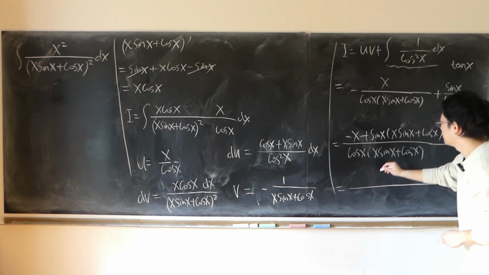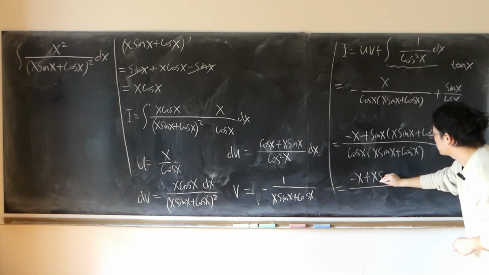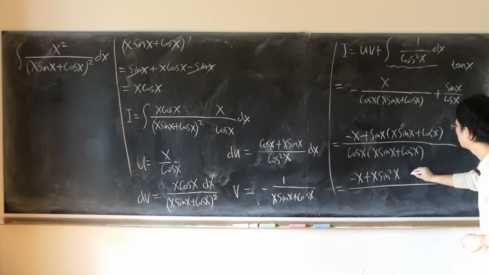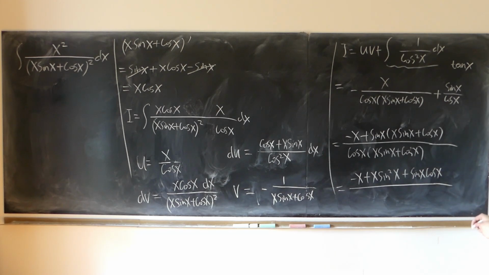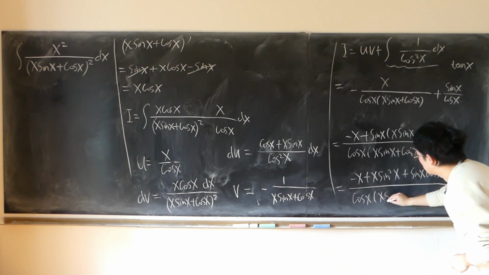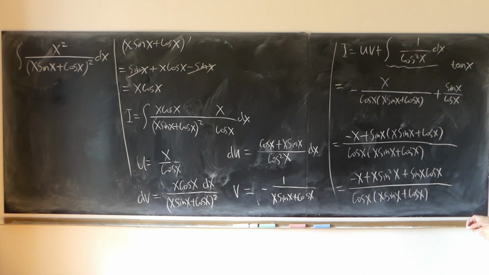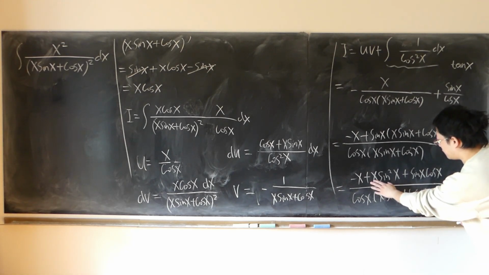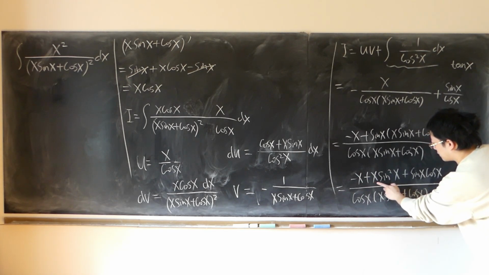So x sine x squared plus sine x cosine x, and cosine x times (x sine x plus cosine x). And what is that? That x factored out, negative 1 plus sine x squared.